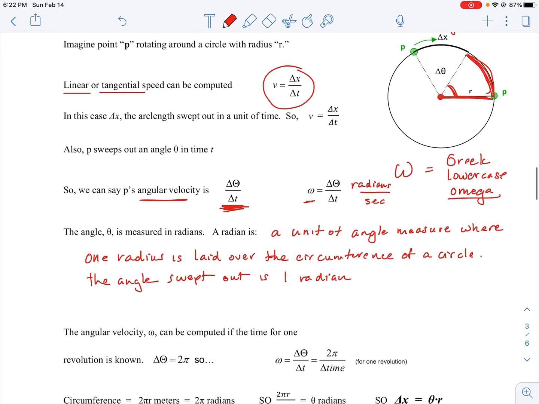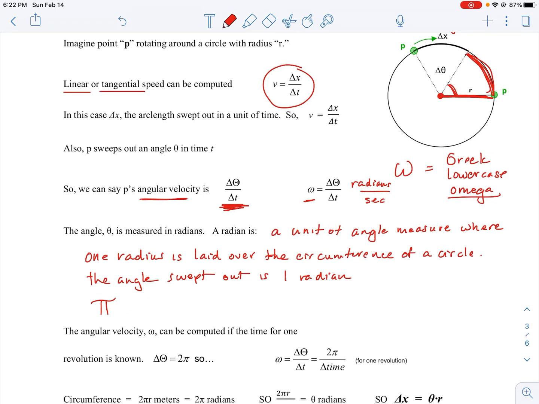And we know that half a circle is pi radians. The whole circle would be 2 pi radians, and that also equals 360 degrees. So if you want some kind of conversion factor, pi radians equals 180 degrees.